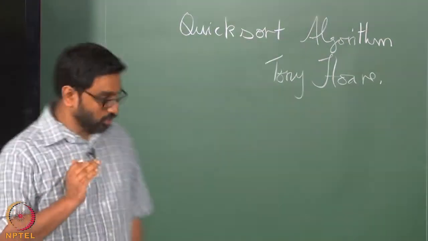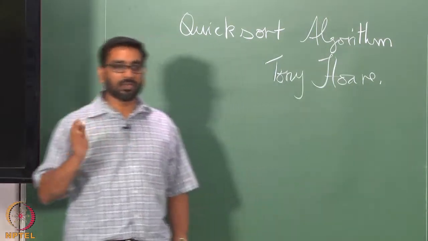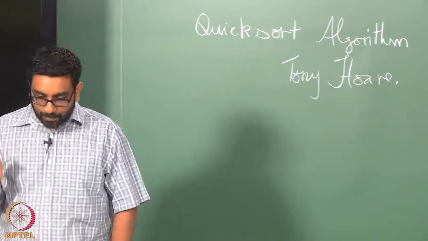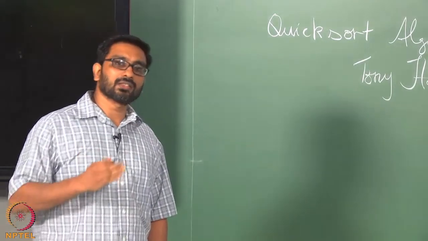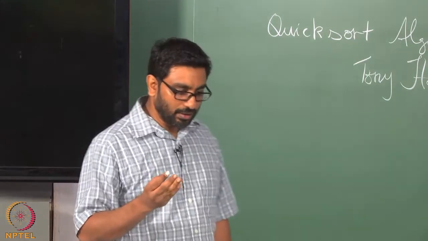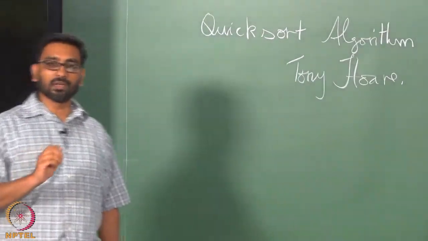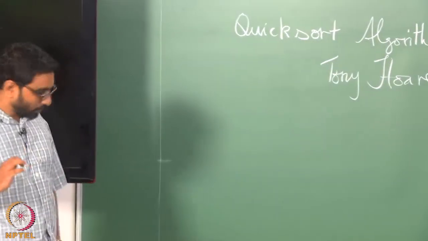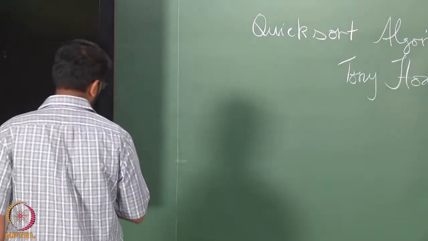Its variants are used extensively in a variety of contexts, but the way quicksort works doesn't necessarily give you very good asymptotic running time bounds if you expect it to be deterministic. We'll look at that more carefully, but for now let's remind ourselves how this algorithm works.